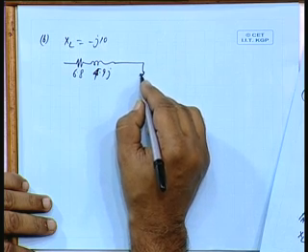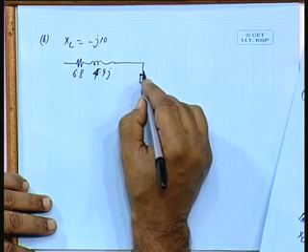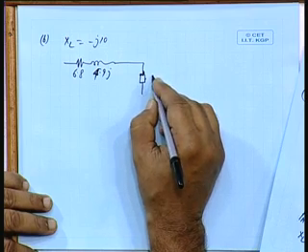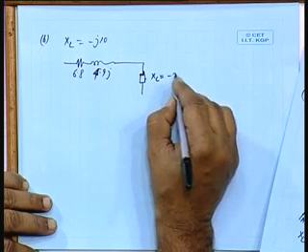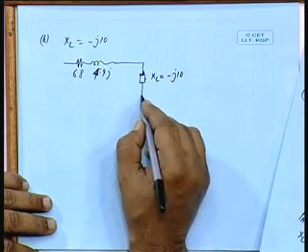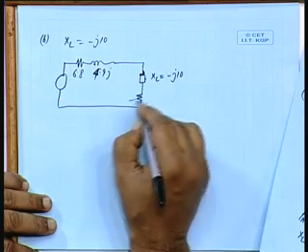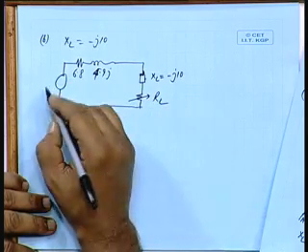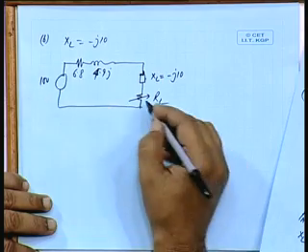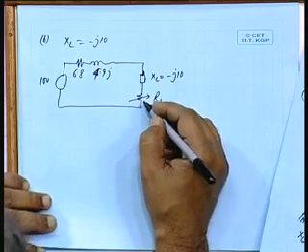Okay. Then you are having a reactance XL equal to minus J 10, that is a capacitive reactance, and a resistance which is varied. So, what should be the condition for getting maximum power here?